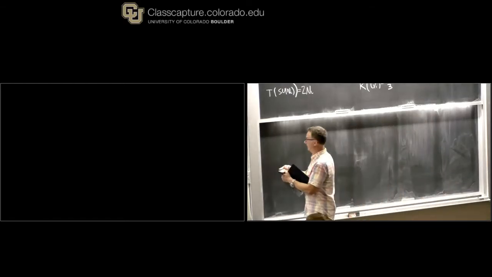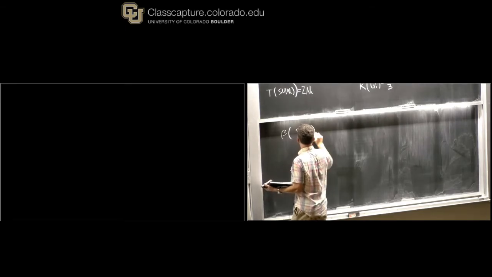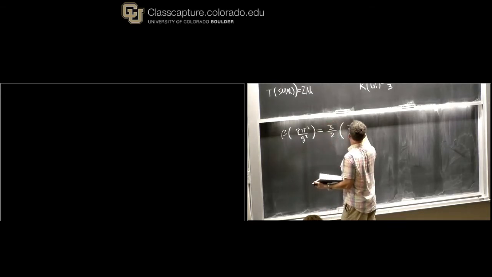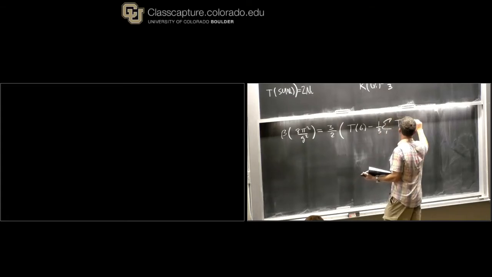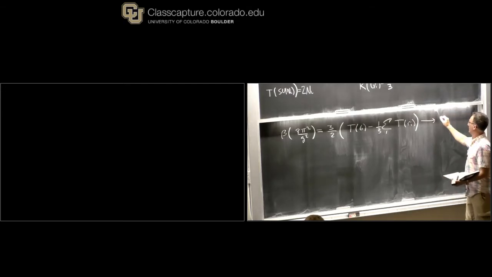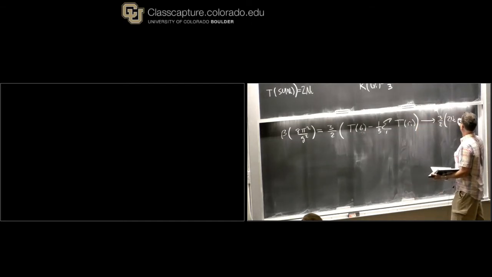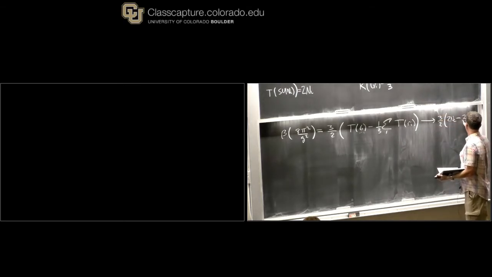And then we could plug that into this beta function. So then we'll get beta is 3/2 times this T of G minus... and so for example in SUSY QCD we would get 3/2 times 2NC minus 1/3 times NF for the fundamentals and the anti-fundamentals, so we get this extra factor of 2.